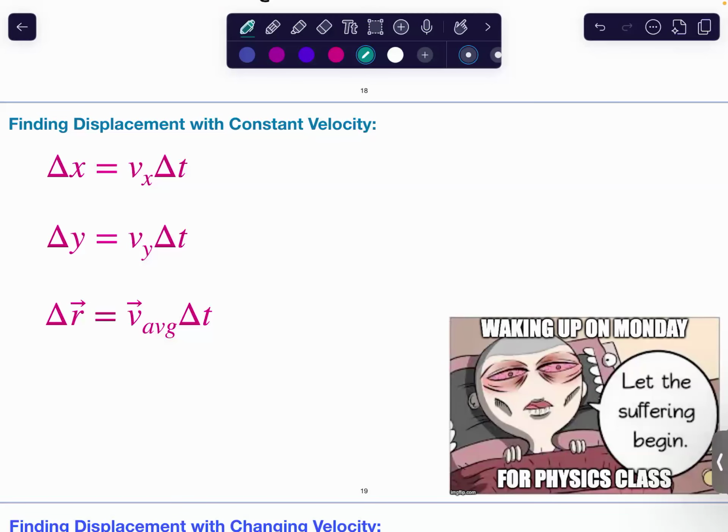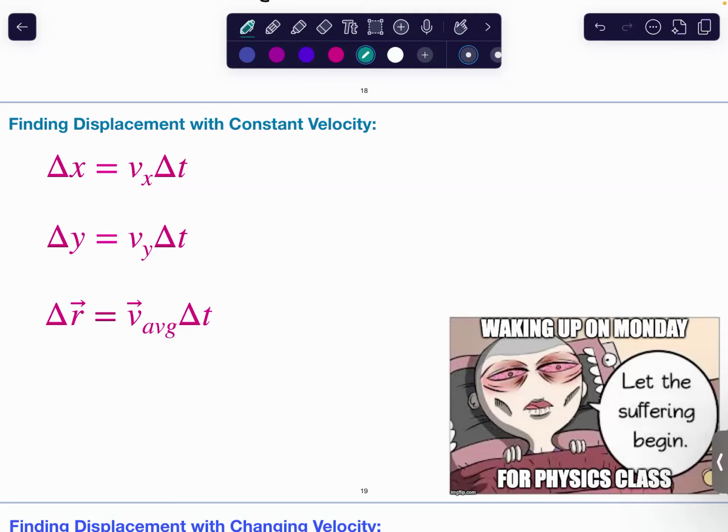So we can find displacement with constant velocity. Okay, so here you see you can have your different directions, your x and your y direction, your change in x or change in y is your position, your velocity in either direction, your change in time. Or you can have your generalized vector for x and y.